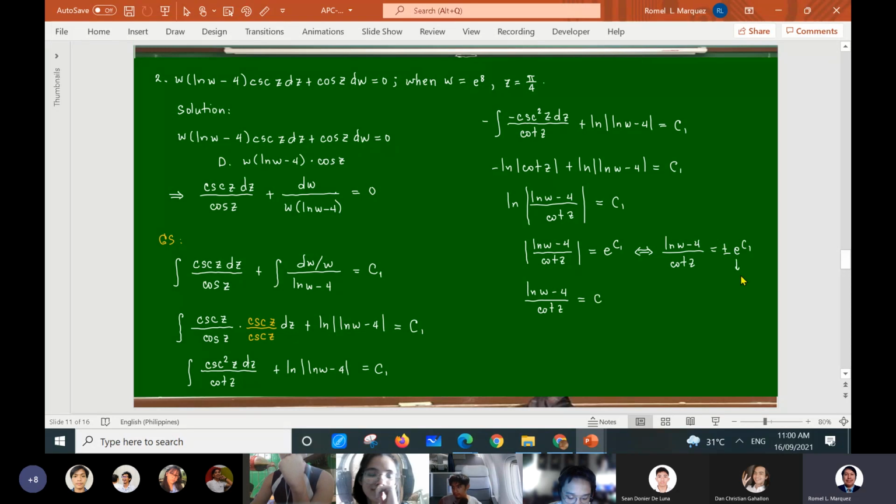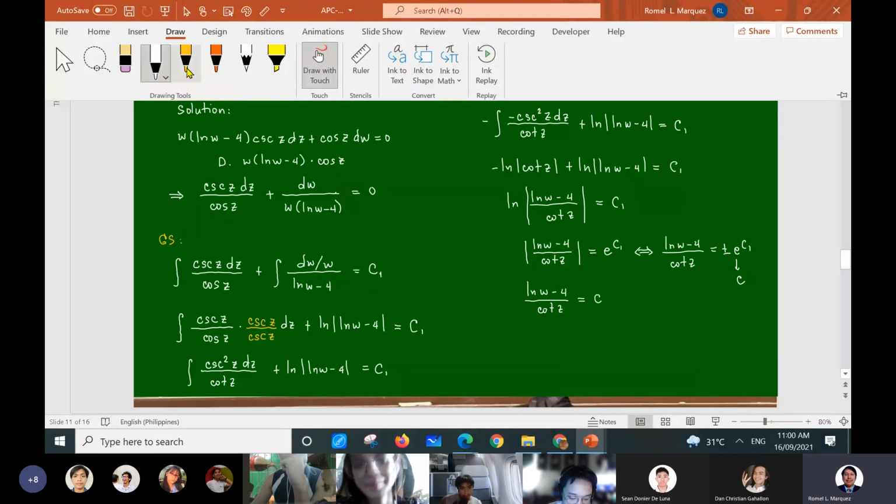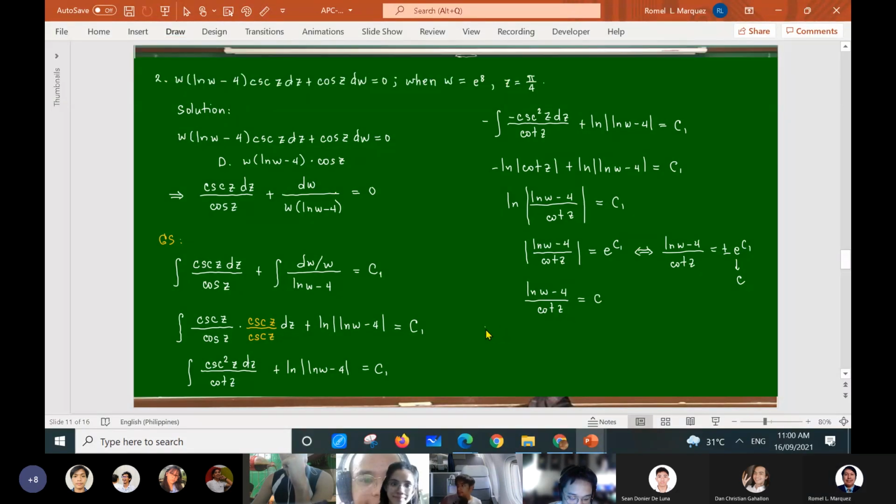Let this be C. Now, we know the condition, no? For the value of C. What's the value of C, guys? What will we use for C? When w is equal to e to the 8, what's the value of z, guys? Pi over 4. We can solve now for C, no? So ln w, that is ln of e to the 8, minus 4 over cotangent pi over 4.